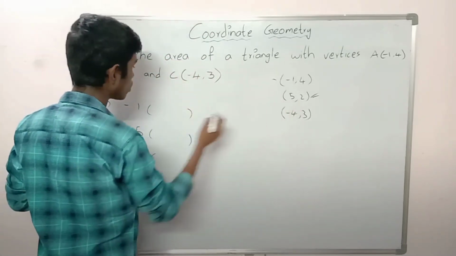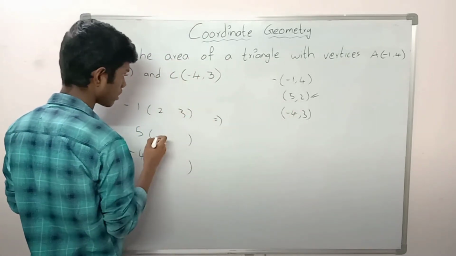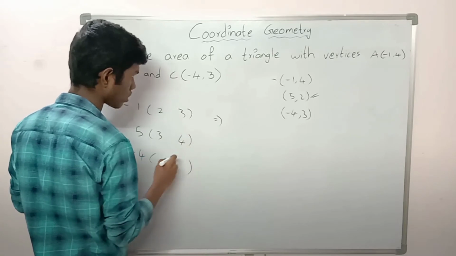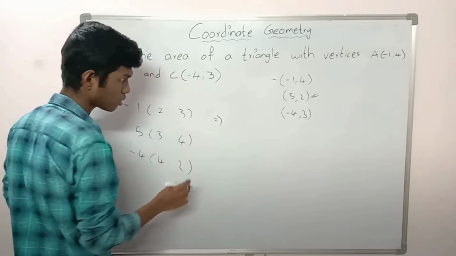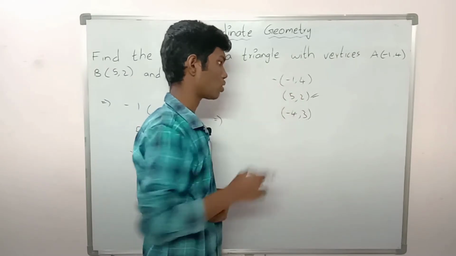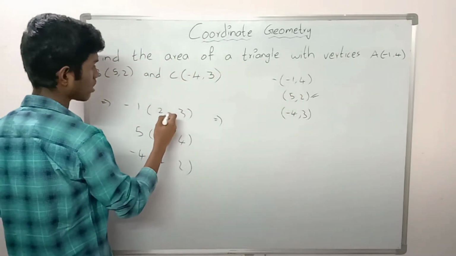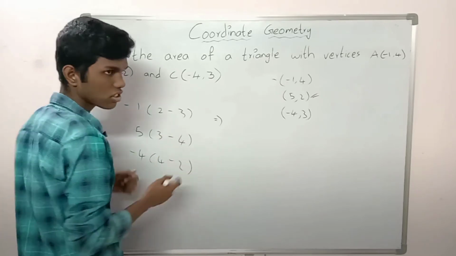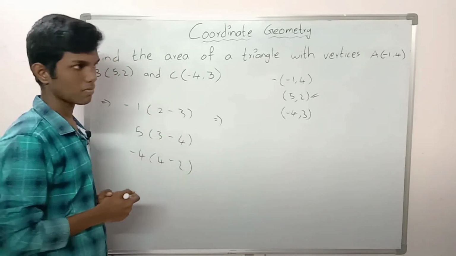So 2, 3, 3, 4, 4, 2. Chronologically 2, 3, 3, 4 and 4, 2. And then just put minus.